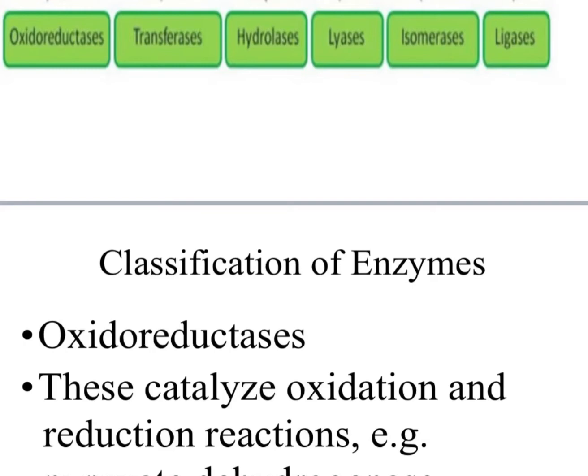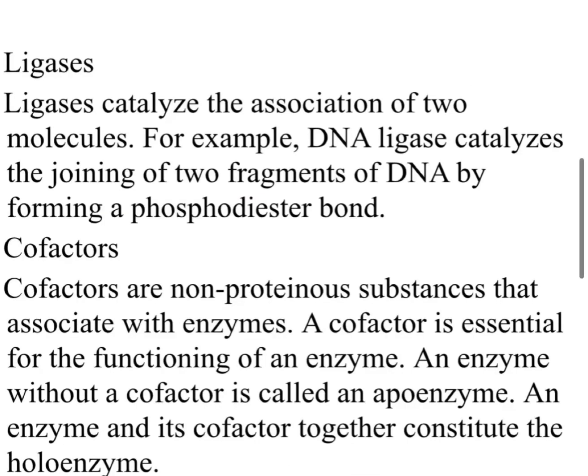Like pyruvate dehydrogenase is one of the enzymes involved in this category. This catalyzes the oxidation of pyruvate to acetyl coenzyme A, which is an important part of the Krebs cycle. Next part is ligases. Ligases catalyze the association of two molecules. Like DNA ligase catalyzes the joining of two fragments of DNA by forming a phosphodiester bond. So this also plays a very important role.